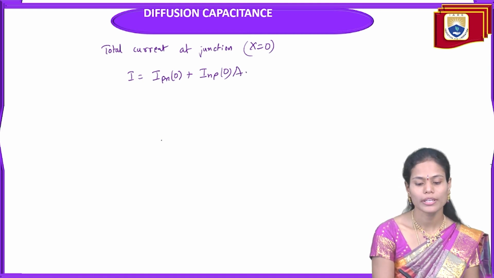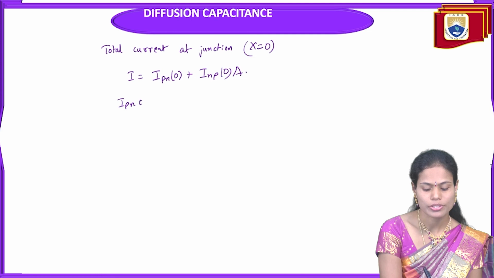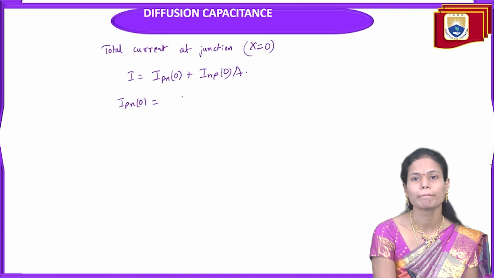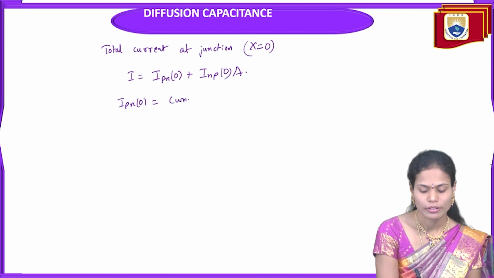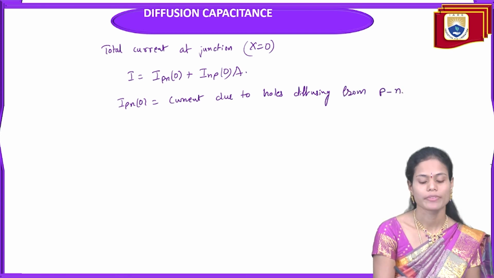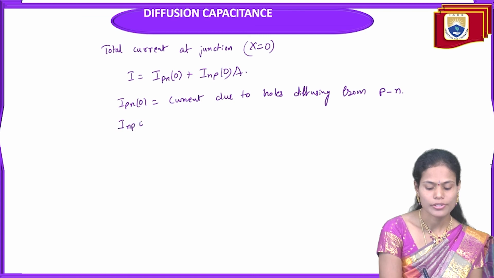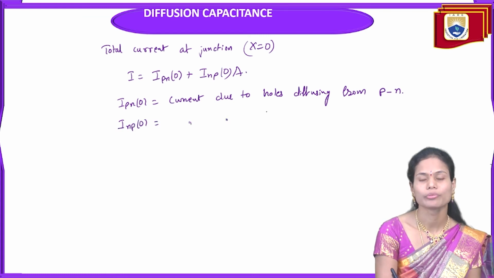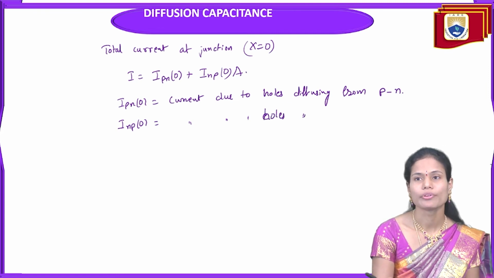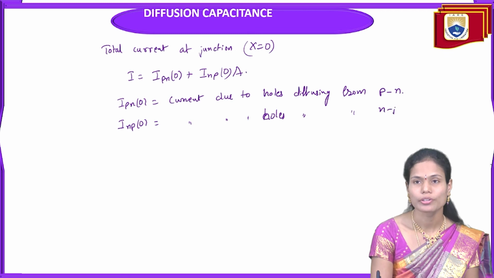Here I Pn of 0 is nothing but the current due to holes diffusing from P region to N region, and I Np is nothing but the current due to holes diffusing from N region to P region.